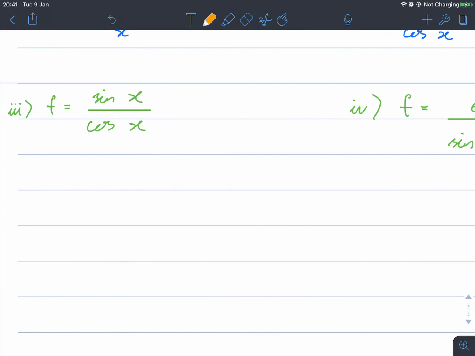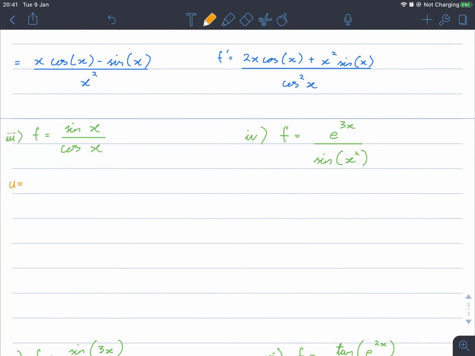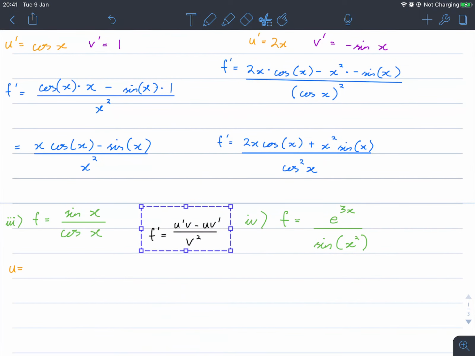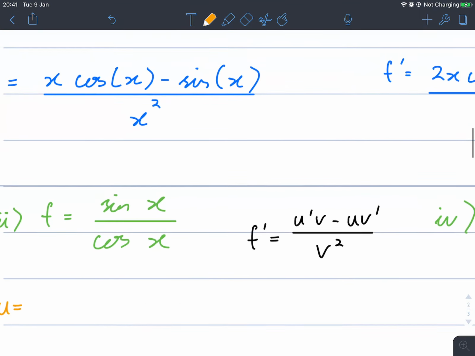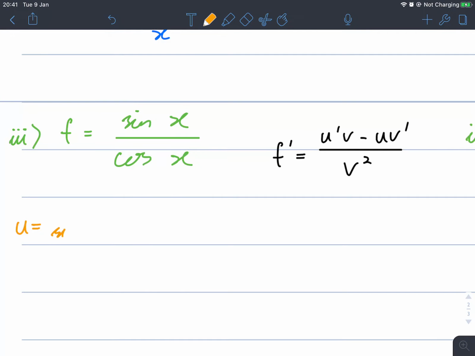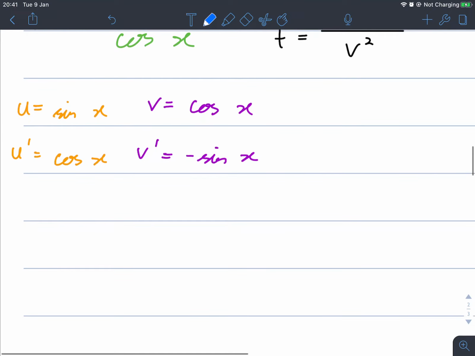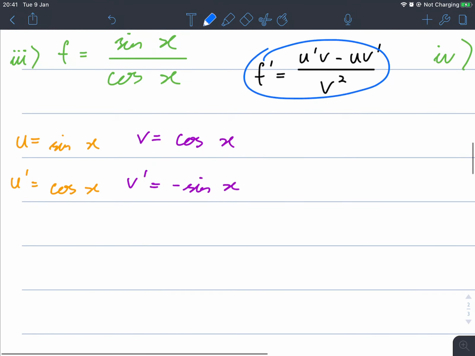So we have sine of x as our u. Let me bring down this little note that I have here. There we go. We let u be sine x, u prime be cosine x, and v be cosine x, and v prime be negative sine of x. Let's bring it all together using this rule here.